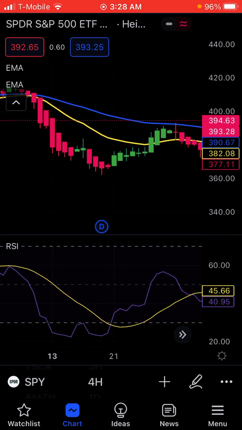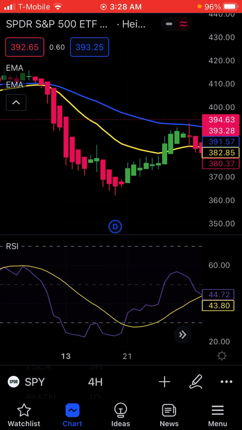If you guys have seen the free version of how to do this, you only need three things. You'll need your 20, your 55, and the RSI. And I think you guys can get away with doing it for free. You don't necessarily need the pro account to do it this way. So that's all you really need for the strategy.